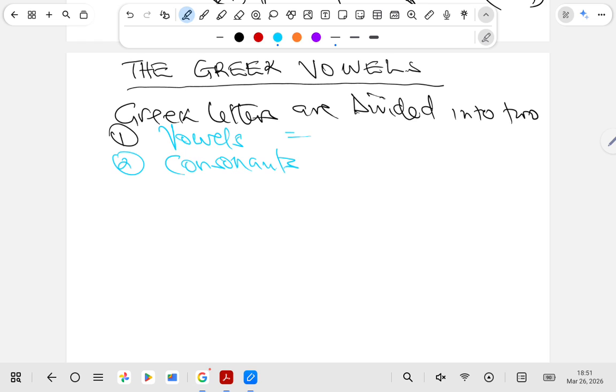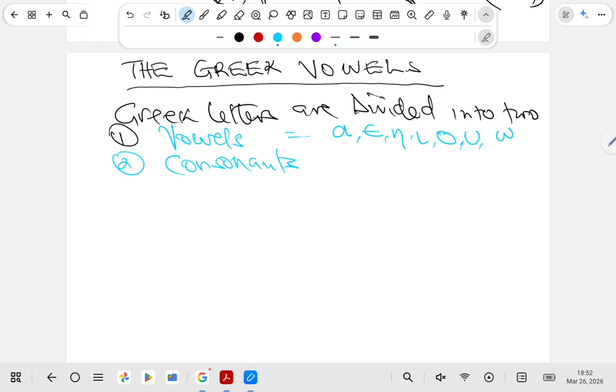And so Greek, let's first put it all together, has alpha, epsilon, eta, iota, omicron, upsilon, and omega. I'm putting these commas to separate them. So you notice these are 7 letters of the alphabet.